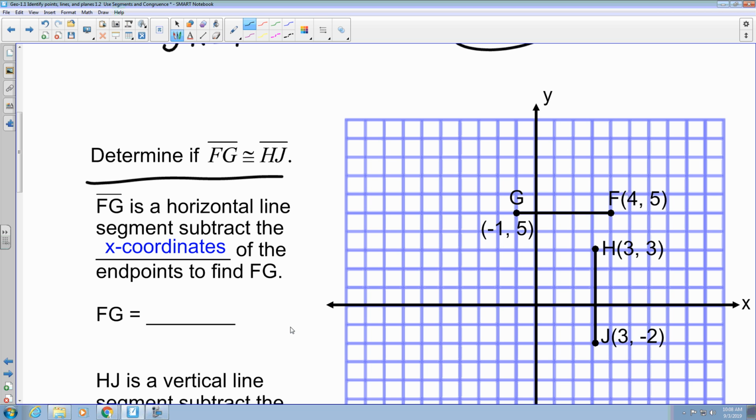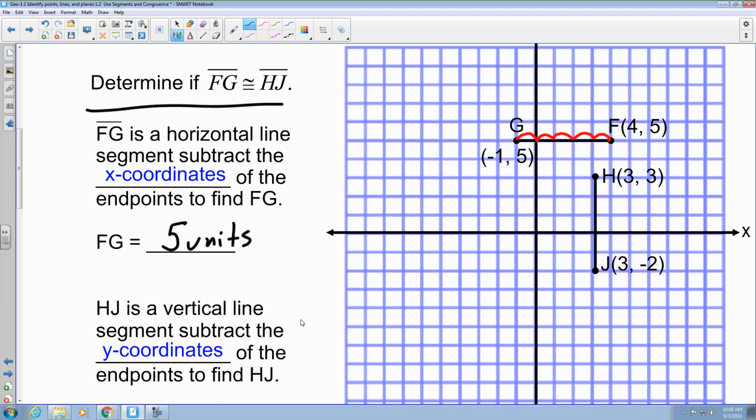Basically what you can do is just subtract the x values, or since it is on this horizontal line, we can just count the coordinates. You can just say, all right, this is 1, 2, 3, 4, 5. So I know that FG is 5 units.